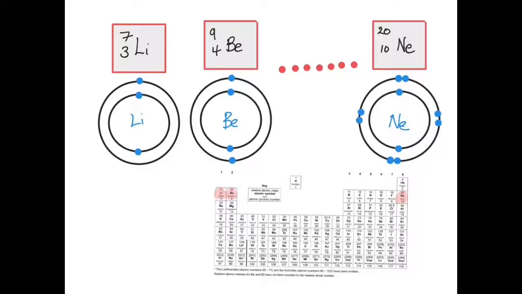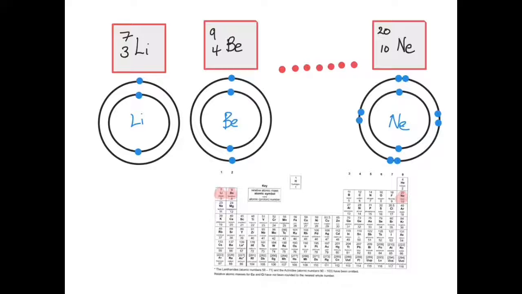These go in the second shell. Neon has got 10 electrons. The first shell can take 2 electrons, which means there are 8 electrons left. We say neon has got a full outer shell of electrons, because remember, the second shell can only take 8, and neon has got 8 electrons in its outer shell.